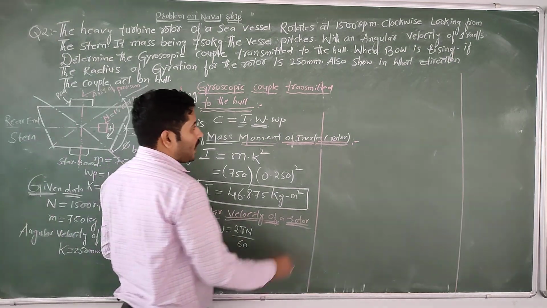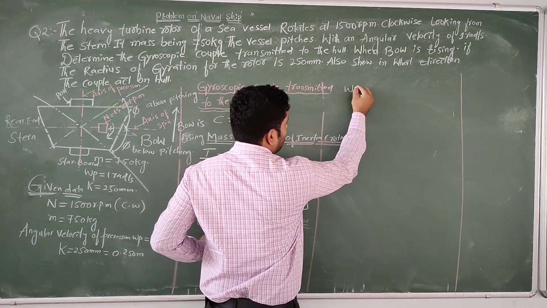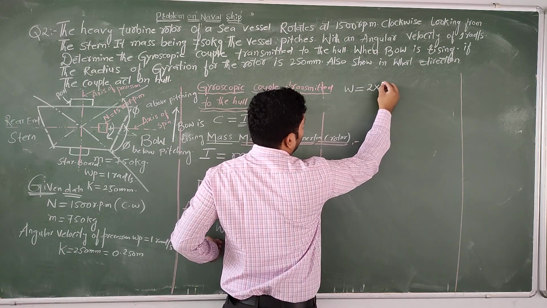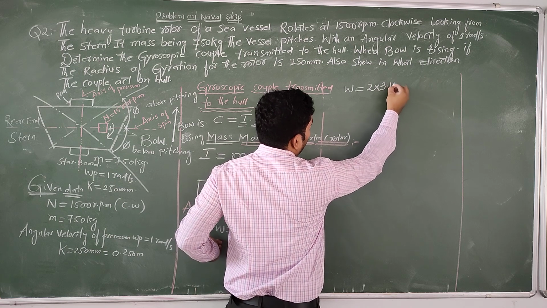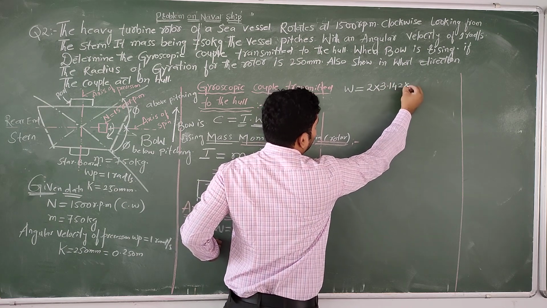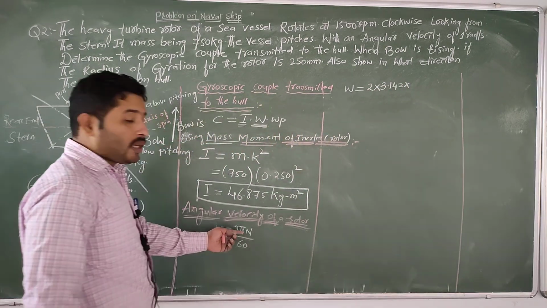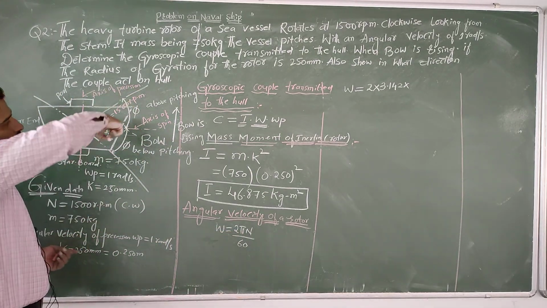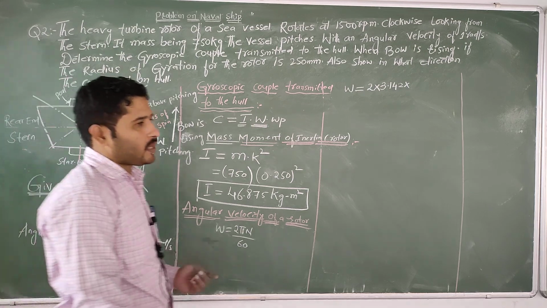Then omega equal to 2 into pi value 3.142 into the speed of rotation of the rotor. How much is given? 1500 rpm is given.